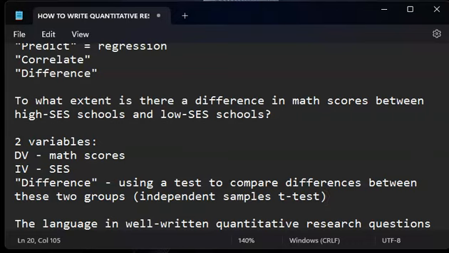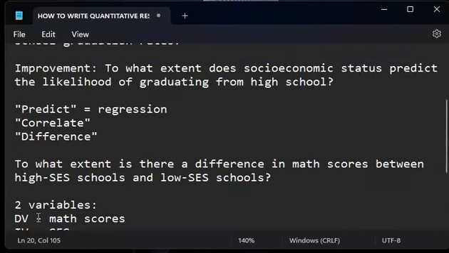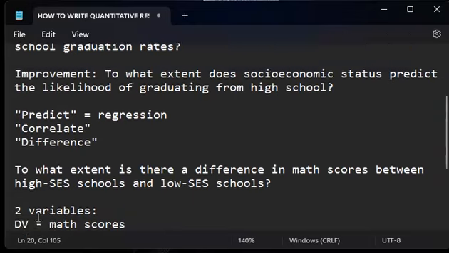But most statistics classes will talk about those things, and so you especially need to see this connection when you're reading quantitative research, looking for these principles that are key to understanding how to write a quantitative research question. These are both examples of inferential statistics.